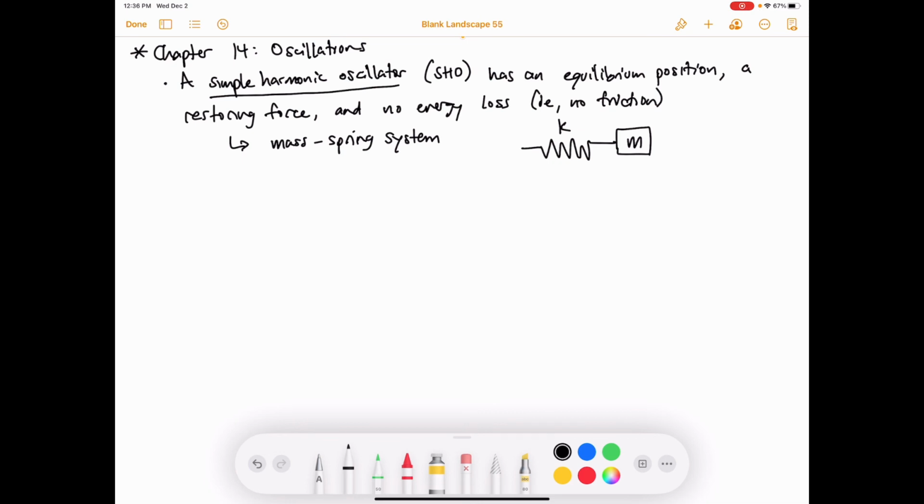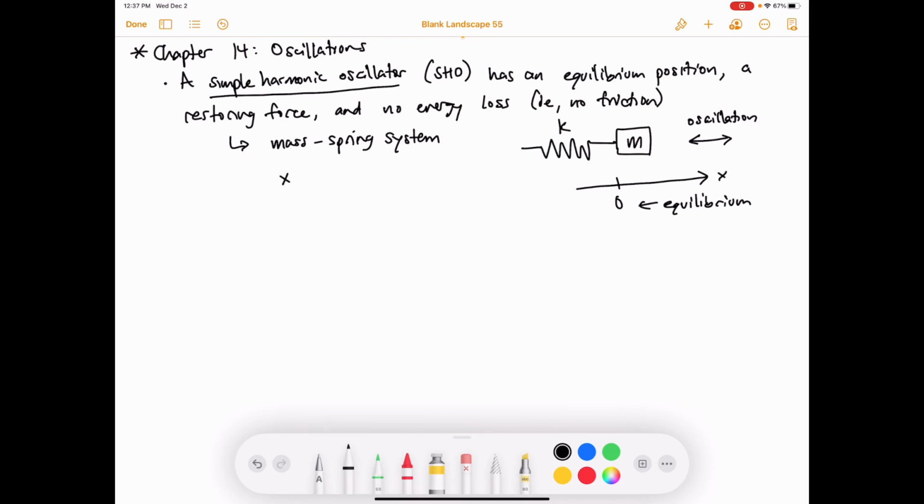But if we displace the spring from equilibrium, maybe we stretch it out or compress it and then let it go, what's going to happen is it will oscillate back and forth. So we can keep track of the motion of this mass using the x-axis, where x equals 0 is equilibrium. And so basically it's just going to oscillate around that equilibrium position.